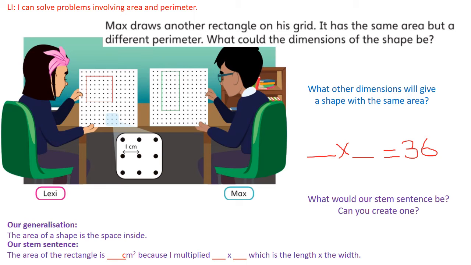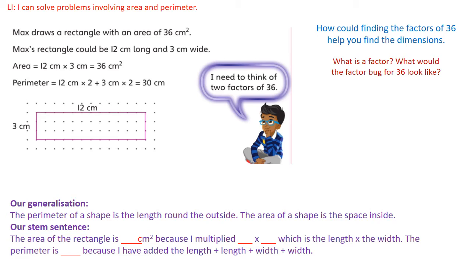So 2 numbers that multiply together to make 36. So what we're looking for are factors of 36. So we've got to think about what our factor bug of 36 would look like.